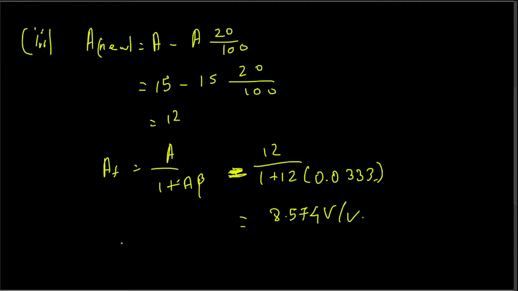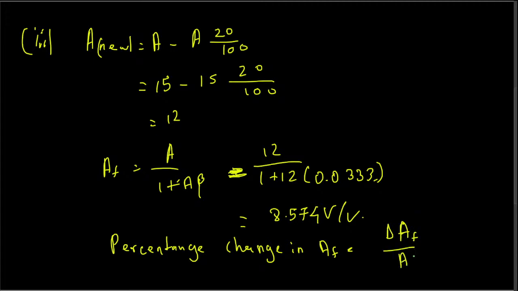And now we have to find out the percentage change in AF, which is delta AF over AF times 100.